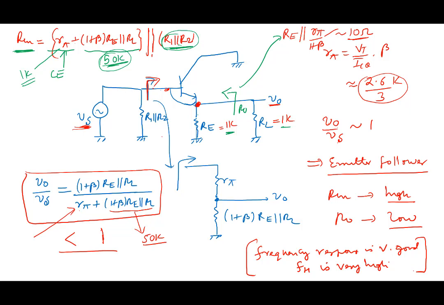All right. So its advantage becomes special if you go back and look at the common emitter amplifier. What does it give you? If you think about it, it gives you gain, but doesn't give you very good values of input and output resistance, right?